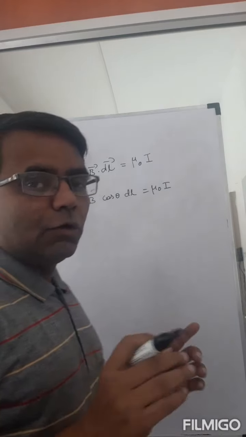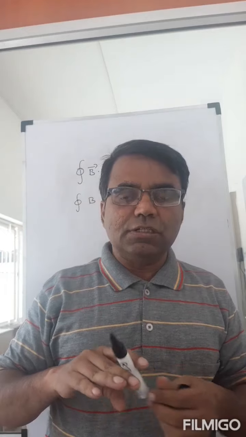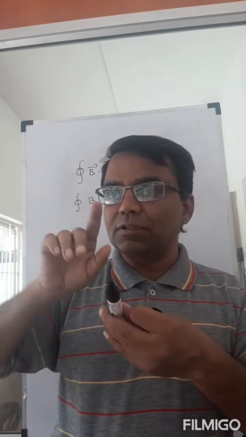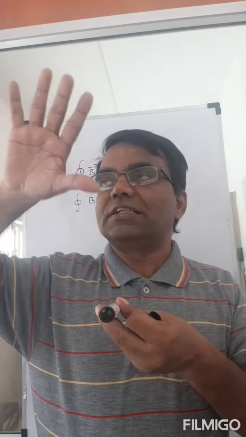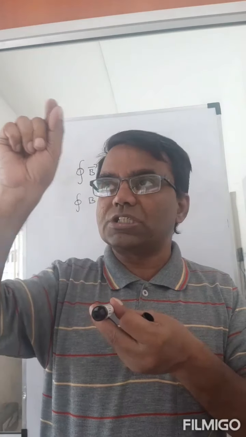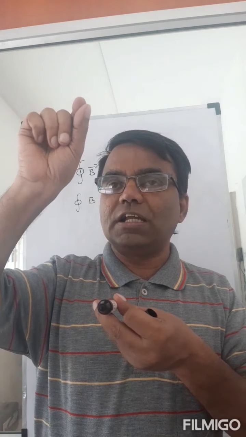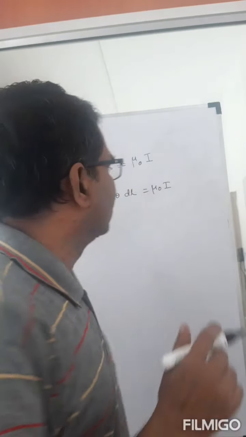Now B can be a function of L. What it means is that if you have chosen a path in such a way that B is changing with the distance from the current, then you don't have a constant B in magnitude. B is one value here and another value here, so B's can be different. B is a function of length.